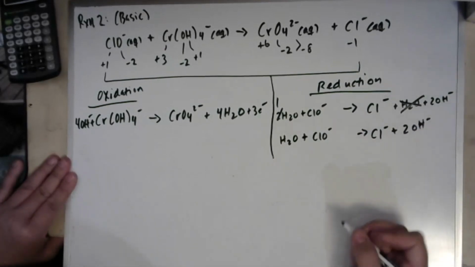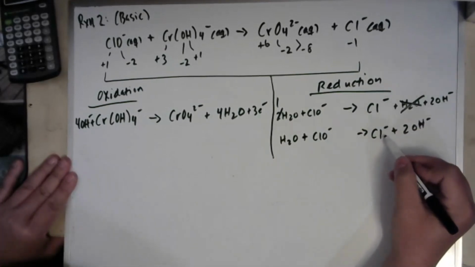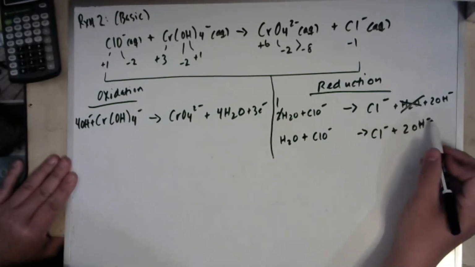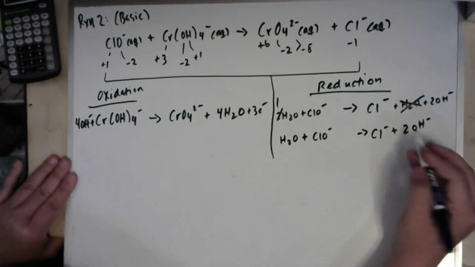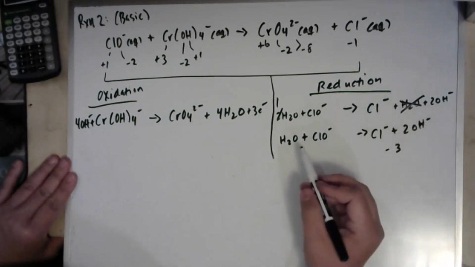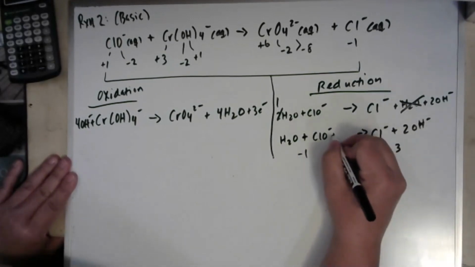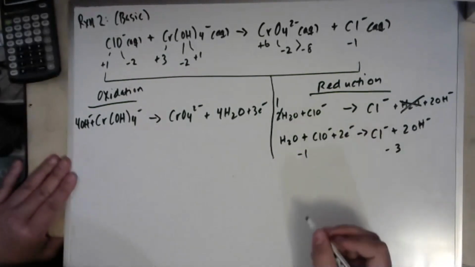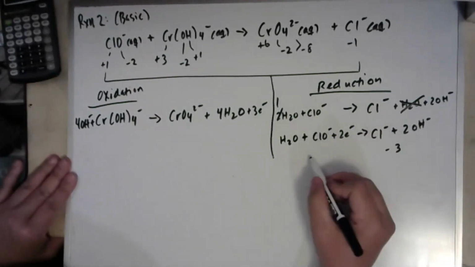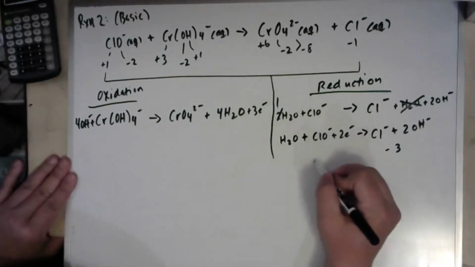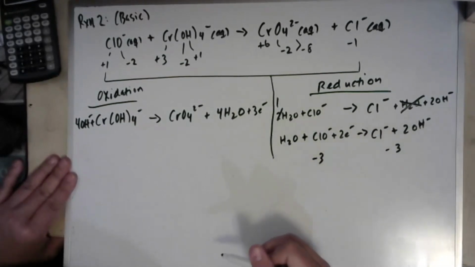Okay, now I'm going to look at the charges. -1 plus 2 -1s, that's going to be a total of -3. Over here, I have a total charge of -1, so I'm going to need to add 2 electrons to the side so that my total charge value here is -3 on both sides.